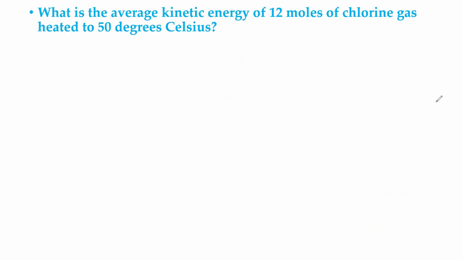So what I am seeing here is we are going to apply this formula, K is equal to 3 over 2 nRT. And the temperature given here is, of course, 50 degrees centigrade, so we have to convert it to Kelvin. So we are now going to say 50 plus 273.